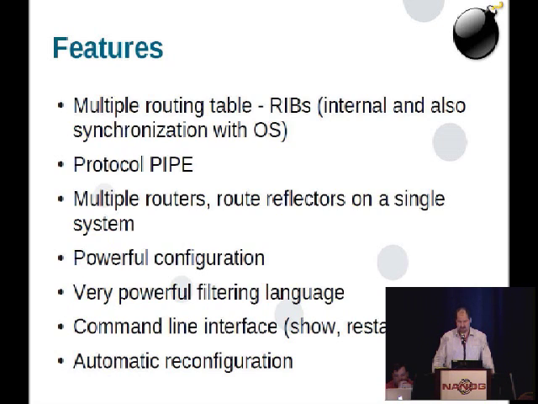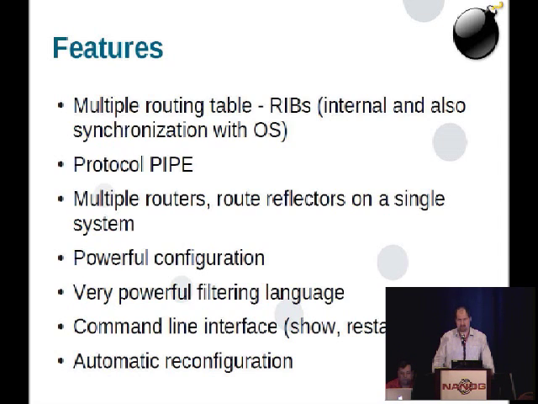One very special feature, which I will talk about later, is the protocol pipe. It's a protocol designed to interconnect two routing tables, and those routing tables become synchronized, but some filters may be applied in the process.